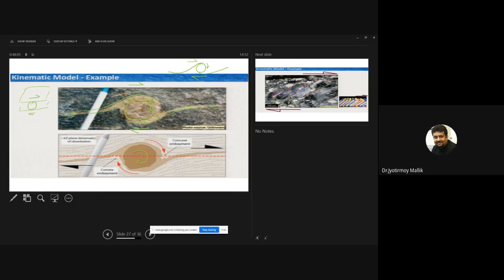But in the field, this is what you will be left with. There is no definition of whether it is dextral or sinistral. Now you have to look at the tail pattern and say whether it is dextral or sinistral. Once you talk about dextral and sinistral, what you are referring to is that I had these black and white layers, and in between I had this ball, and this is my first stage.